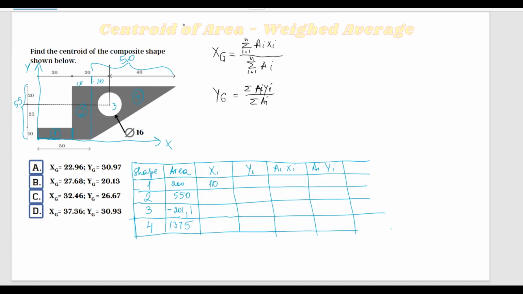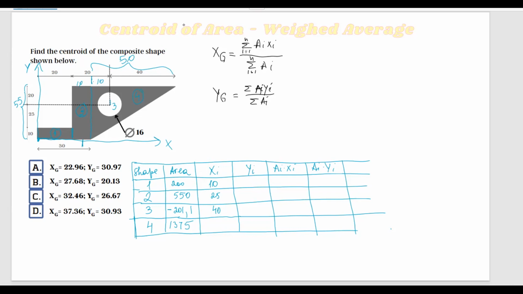Now the horizontal distance from 0 to the centroid of this rectangle is going to be equal to 20 plus 5, so it's going to be 25. Next, we have the circle, and the horizontal distance from 0 to the centroid of this circle is 20 plus 20, so it's 40.